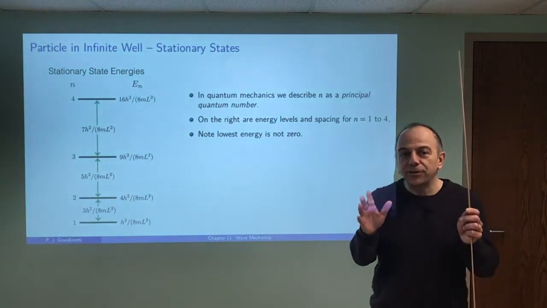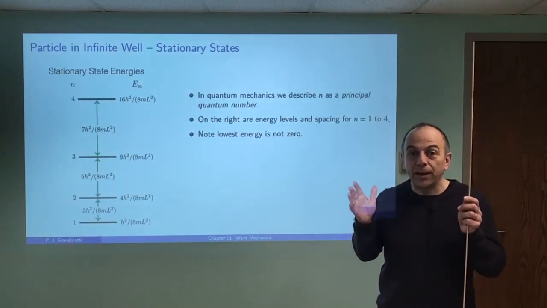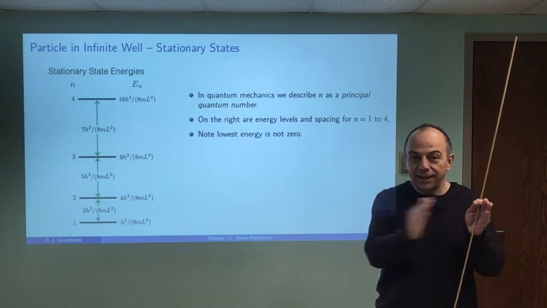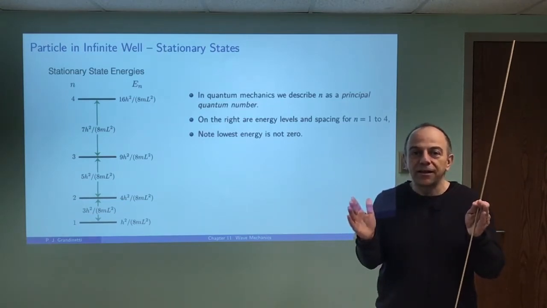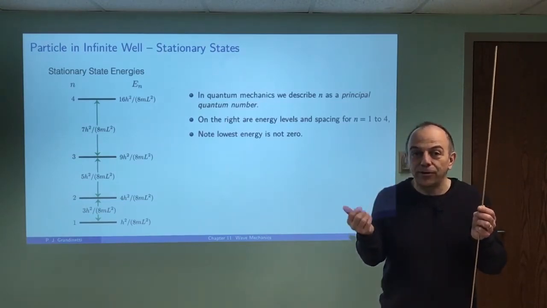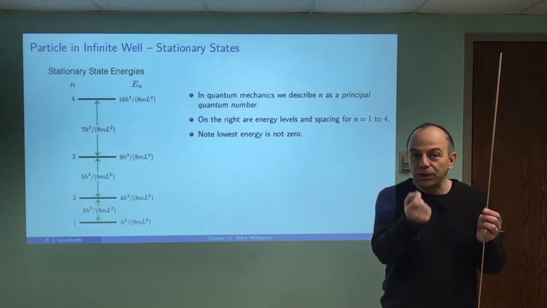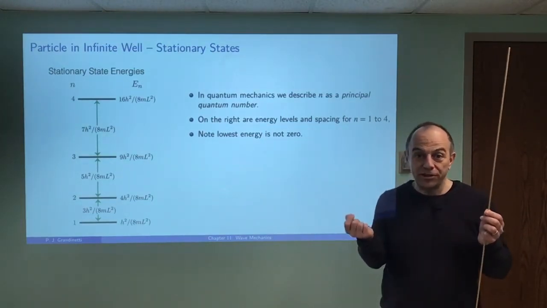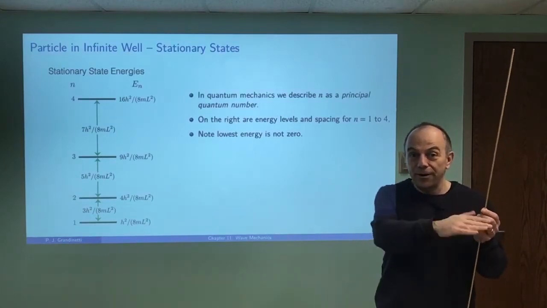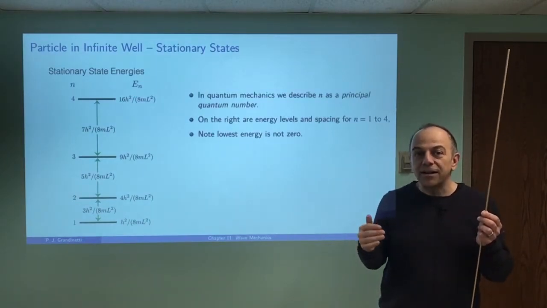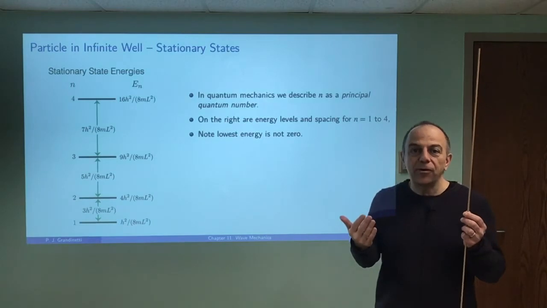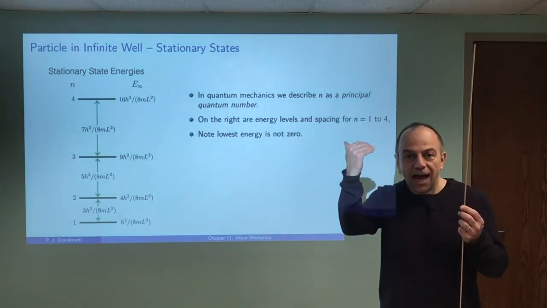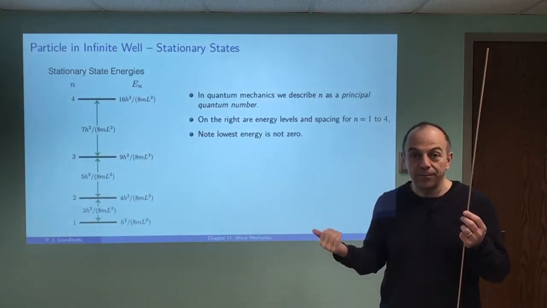This is a classical problem where we have a particle trapped in a one-dimensional box. You can easily imagine that that particle could be sitting in the box with no velocity, no momentum, and zero energy. The potential energy is zero because the potential energy is zero inside this box. So a classical particle would have a lowest energy that would be zero.